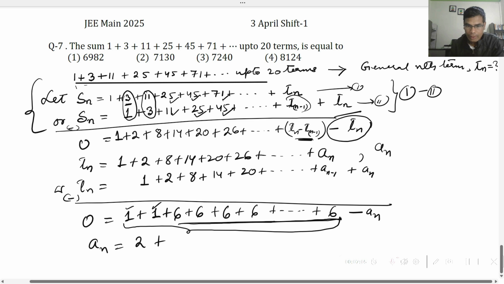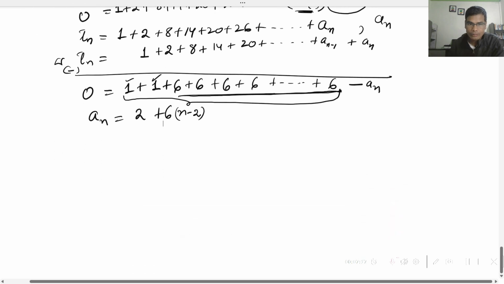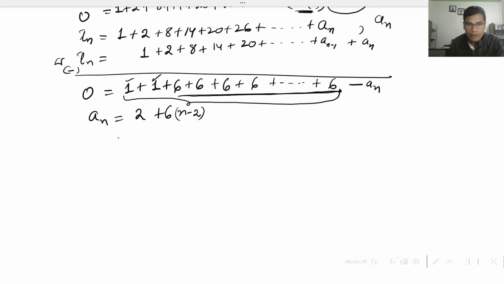That means we have n minus 2 number of 6s, or we are adding 6 n minus 2 times. So this is 6 times n minus 2, which equals 2 plus 6n minus 12, which is equal to 6n minus 10. So this is a suffix n.